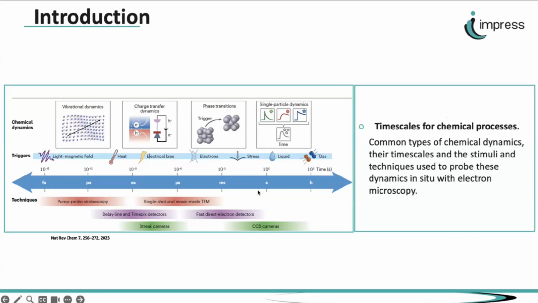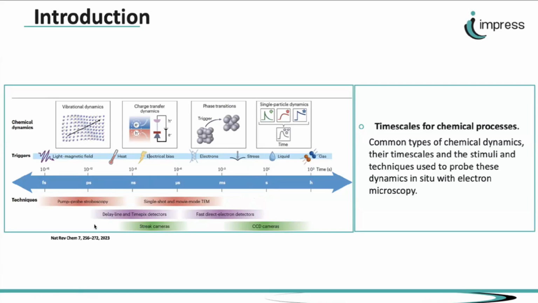Basically, in a microscope, we work in the second regimes, but with the time resolved measurement, we would like to go through the shorter time domains, which end up in femtoseconds, with light or magnetic field stimuli on the sample, which goes through magnons, phonons, and spin configuration in the specimen.